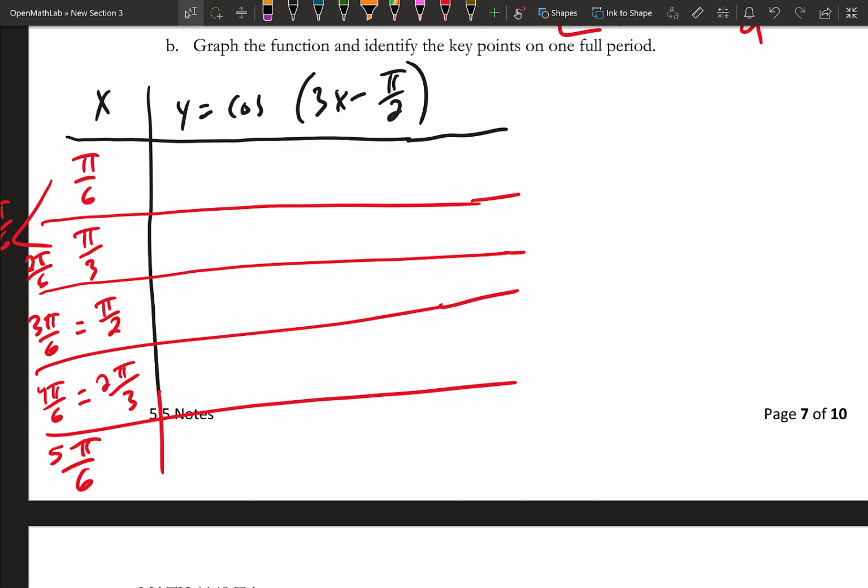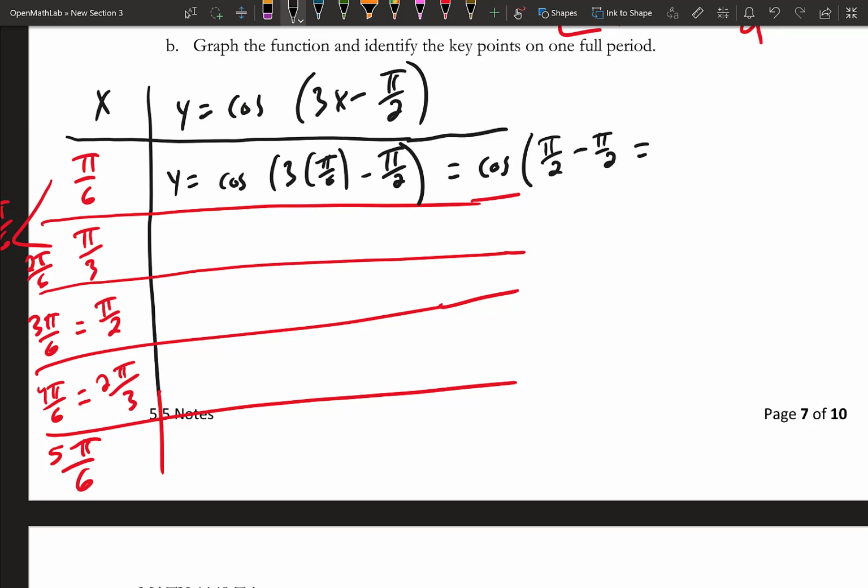So then, filling this in, we'd have y equals cosine of 3 times pi over 6 minus pi over 2. So this would be equal to cosine of, 3 times pi over 6 would be pi over 2, minus pi over 2, which gives me cosine of 0.